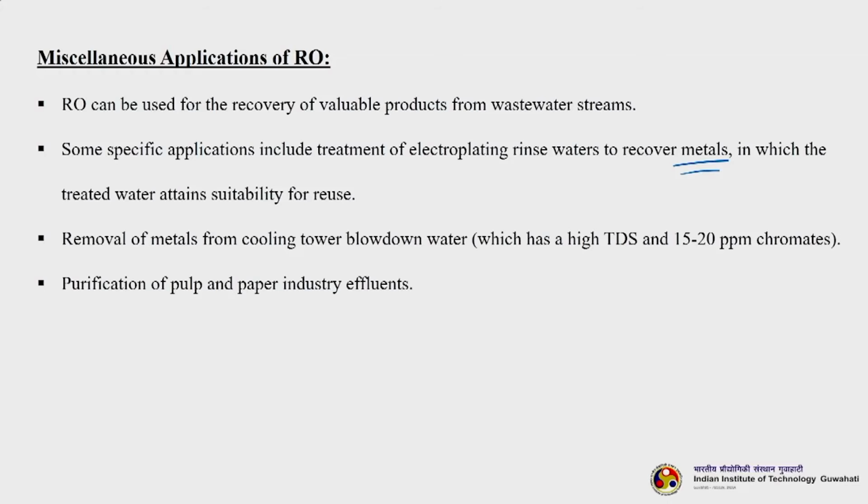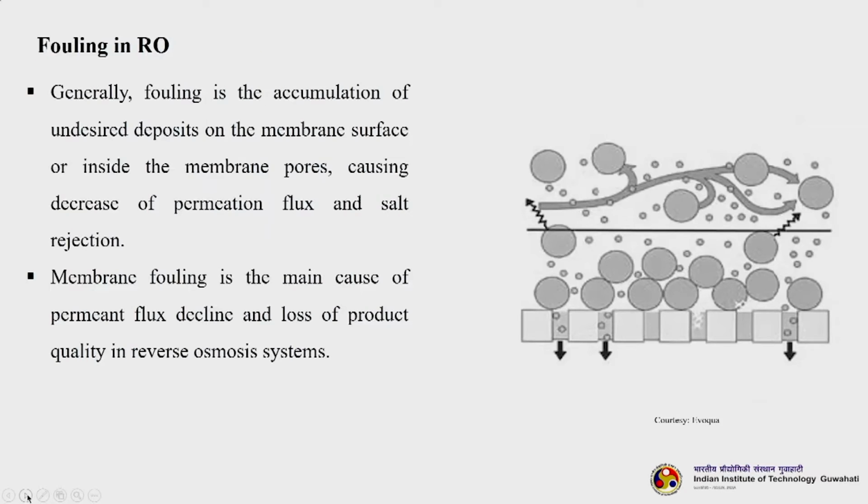The idea is that if you treat it, you can get better quality water that can be recycled and reused, so the need for fresh water will eventually decrease. That is the basic aim in most industries nowadays.